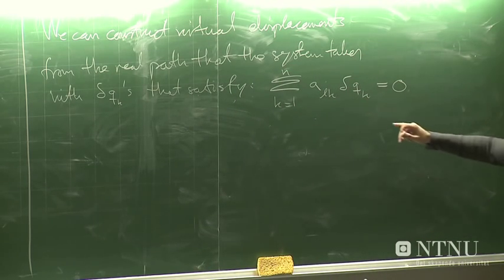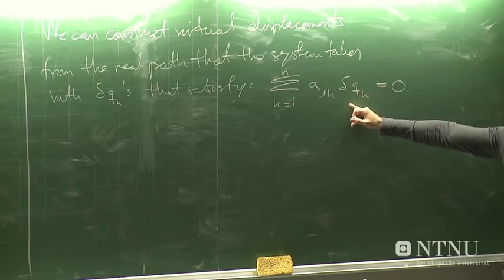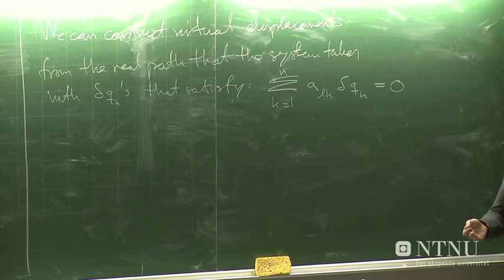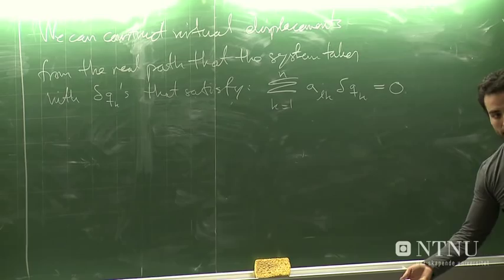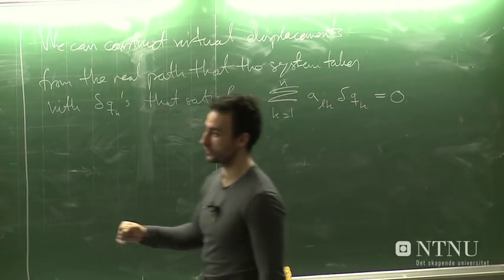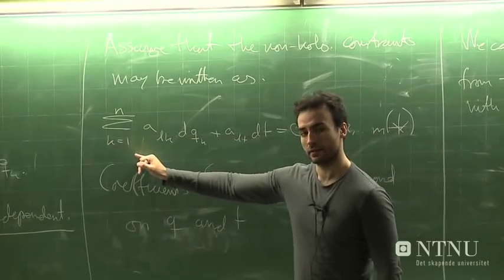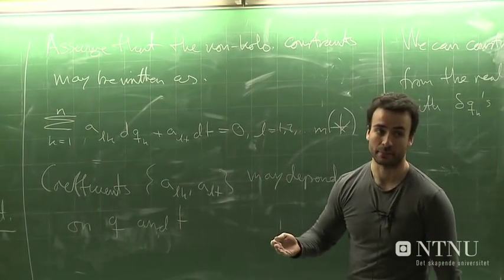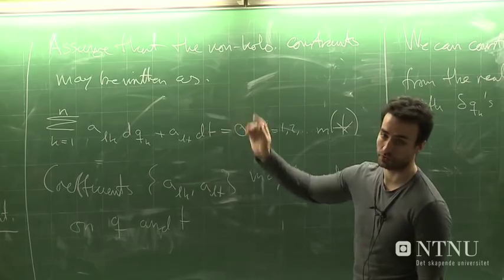If we want to make use of virtual displacements in order to use this variational principle to derive Lagrange's equations, they have to satisfy this constraint, which comes from this first term here. So they do so at a fixed time, and this term just drops out.